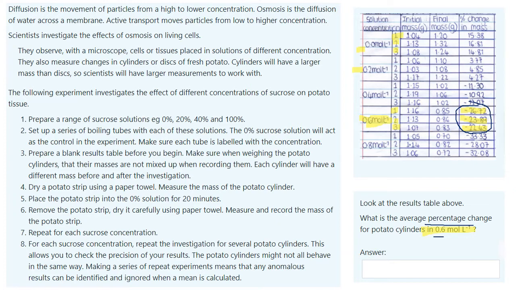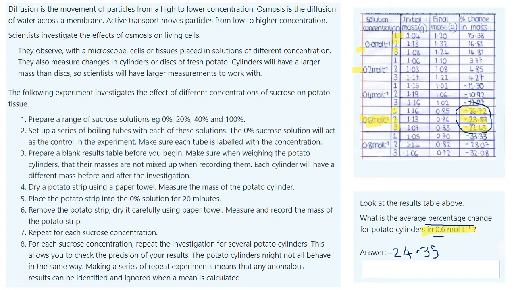And you get 24.3466666666. So if we go to 2 decimal places, we would put 24.35. But remember, this is minus 24.35. Why is there a minus? Well, there's a minus because it's getting smaller.